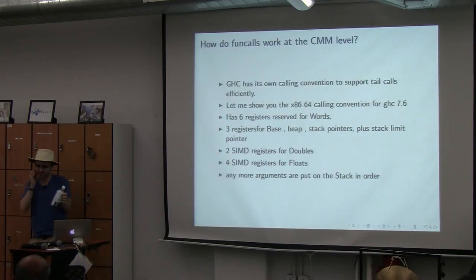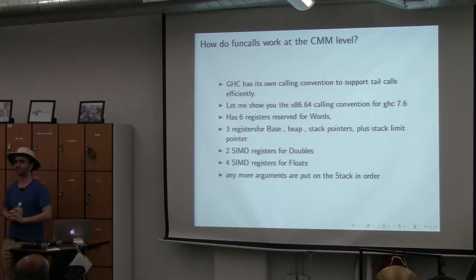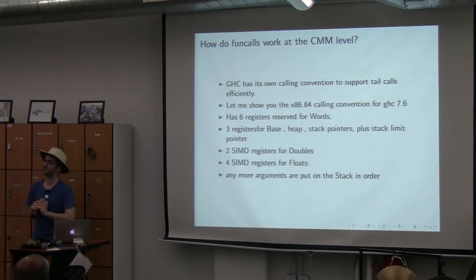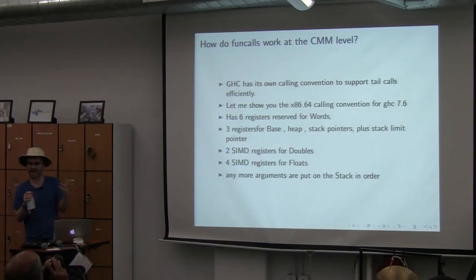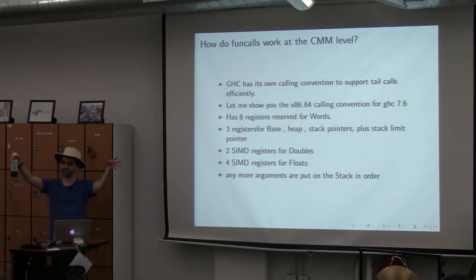So how do function calls work at the C minus minus level? GHC has its own calling convention. And to quote a friend of mine who is starting some work on LLVM soon, it's kind of weird compared with most other calling conventions on the LLVM. Most calling conventions for LLVM, if you actually take a look at them, are really simple, actually kind of a declarative specification. I'll show you the GHC one. GHC has explicit pushing onto the stack beyond the first few arguments.